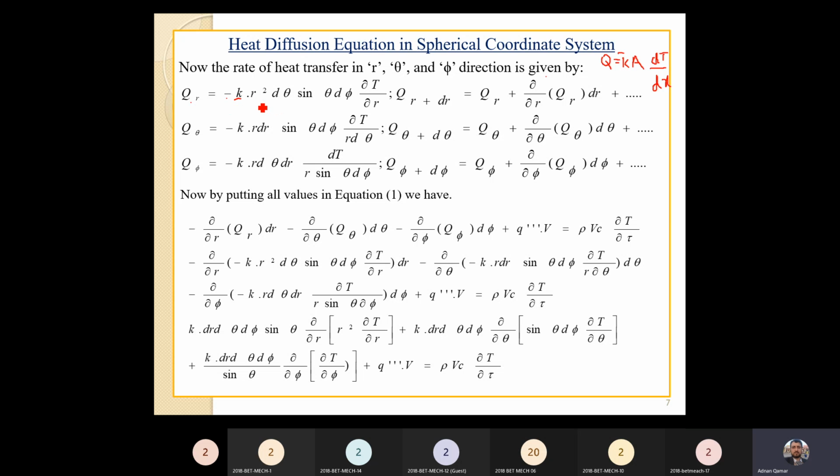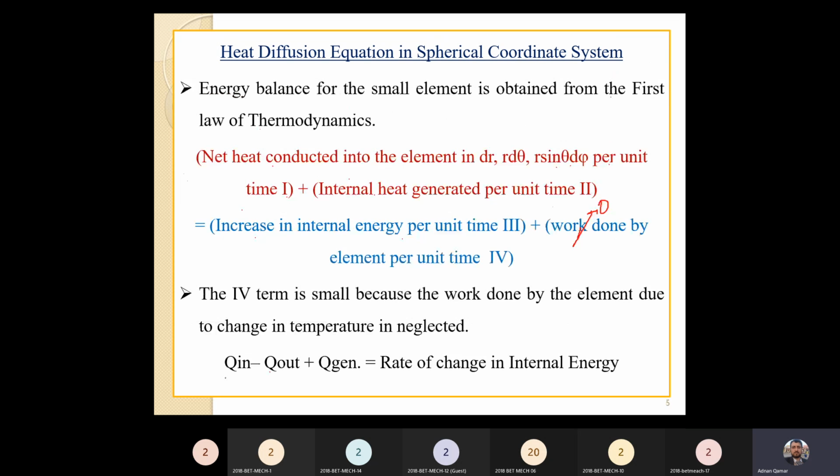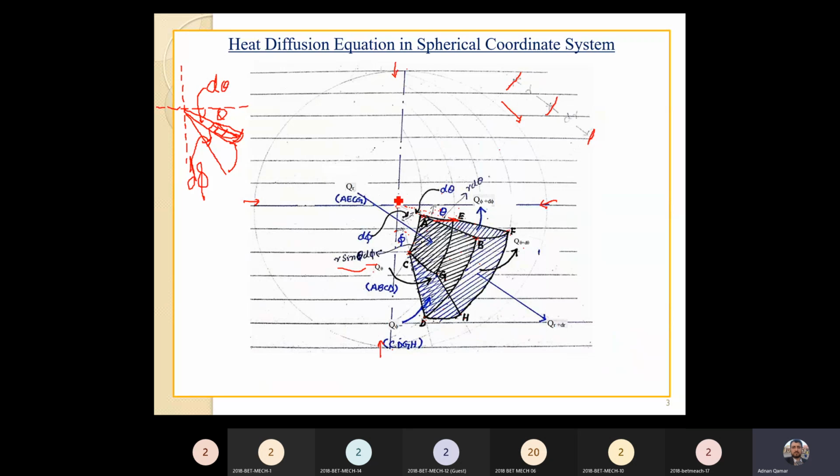This is the area. R square d theta sine theta d phi. You know that area is multiplication of two sides.